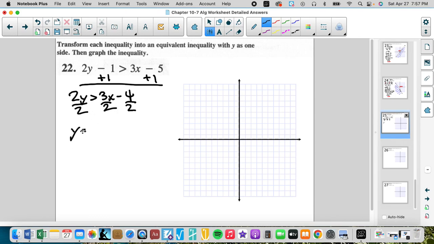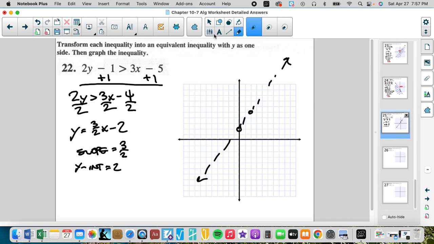You get y equals 3 halves x minus 2. That has a slope of 3 halves, a y-intercept of negative 2. That's not equal to, so it's going to be open at negative 2, and then the slope up 3, right 2, up 3, right 2, dotted line.